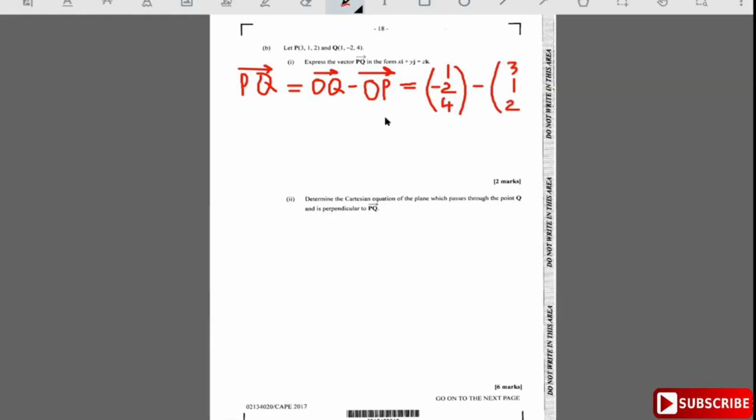We do the subtraction. 1 minus 3 is minus 2, so we get minus 2i. Minus 2 minus 1 is minus 3j. 4 minus 2 is plus 2k. That's vector PQ. Nice and easy.